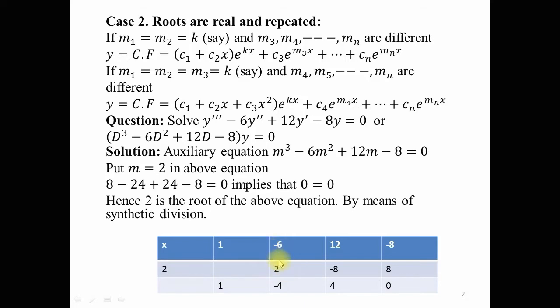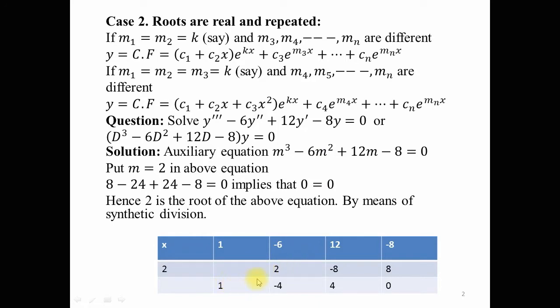Now minus 6 plus 2 is equal to minus 4, and minus 4 multiplied by 2 is equal to minus 8, and plus 12 minus 8 is equal to 4, and 2 4s are 8, minus 8 plus 8 is equal to 0. So by this remainder equal to 0, 2 is the root of this characteristic equation.